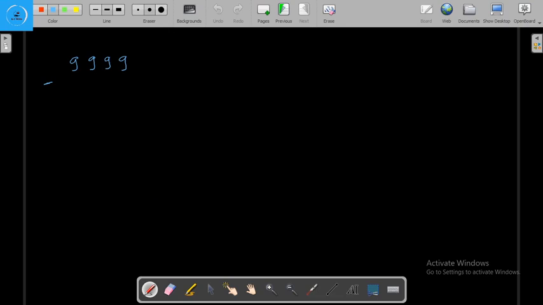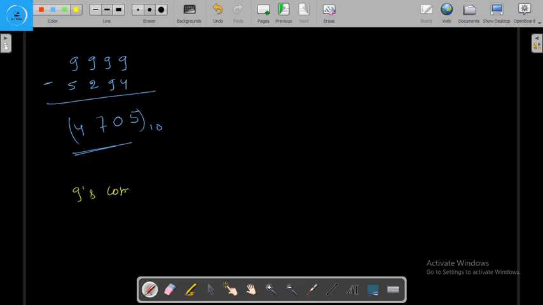9 minus 4 equals 5, 9 minus 9 equals 0, 9 minus 2 equals 7, and 9 minus 5 equals 4. This is in decimal. So the 9's complement of 5294, which is given in the decimal number system, is 4705.